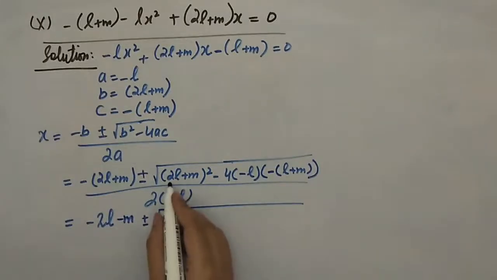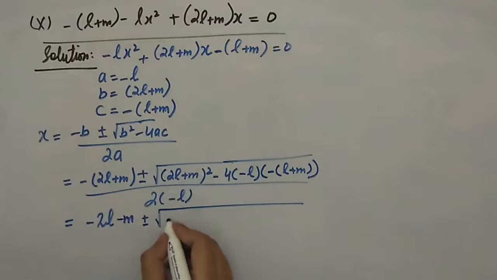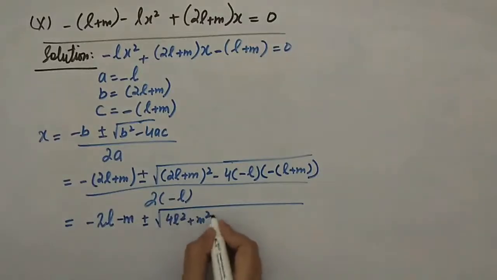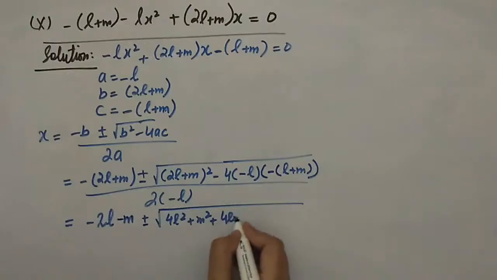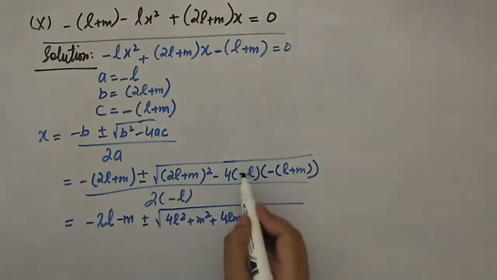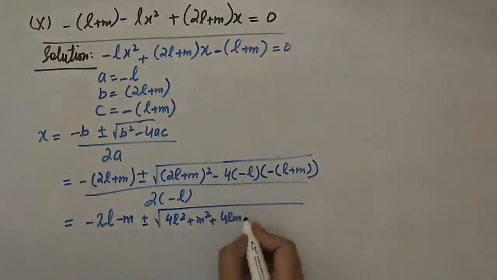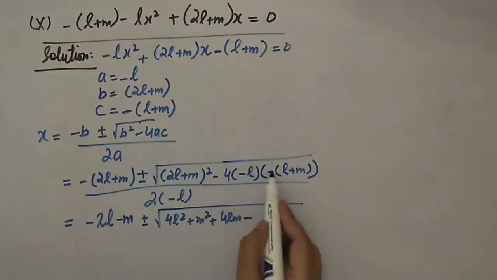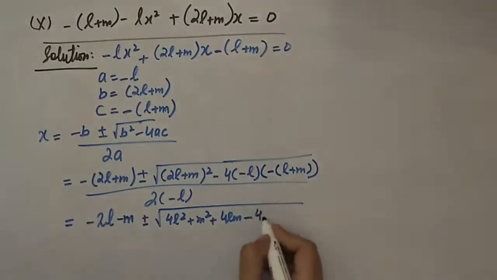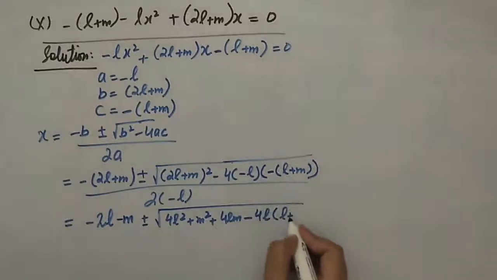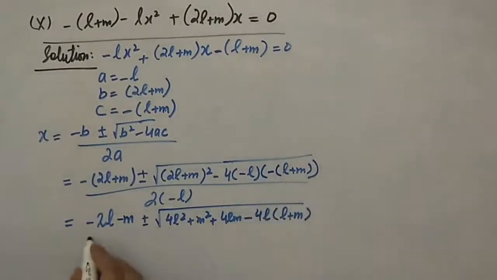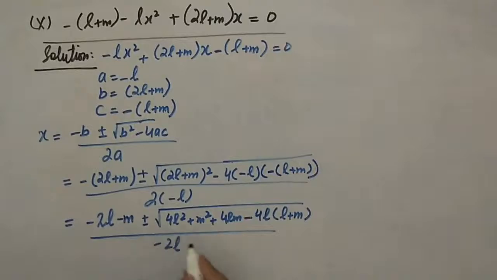Here we have to open the formula a plus b whole square, which is a square plus b square plus 2ab. So 4l square plus m square plus 4lm. Now look here, minus minus plus plus minus minus 4l times l plus m minus 2l. Clear? Now we have to multiply 4l with the l plus m.